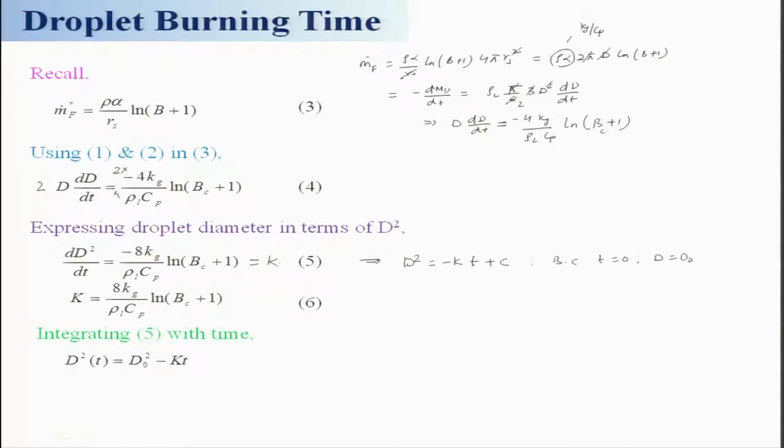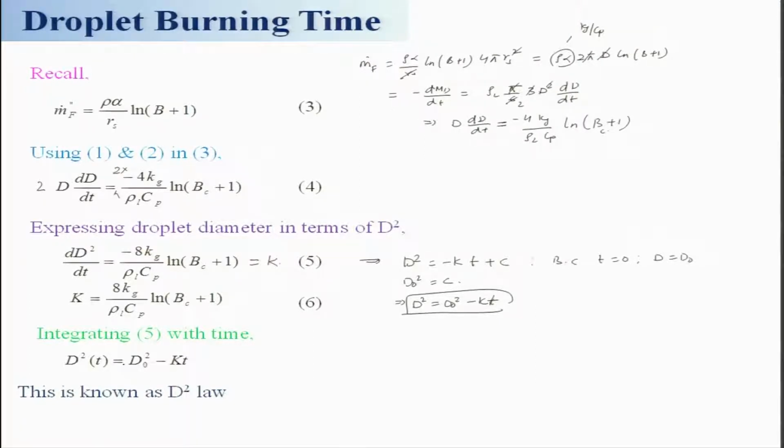So, when t is 0, d naught square is nothing but your c. Therefore, I can write d square is equal to d naught square minus kt. This is the expression I am getting, and this is a very simple relationship, and this is known as the d square law.